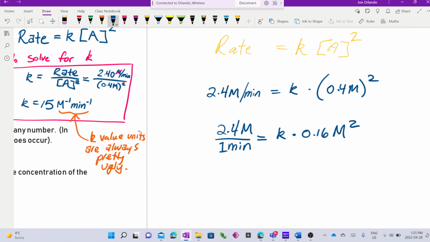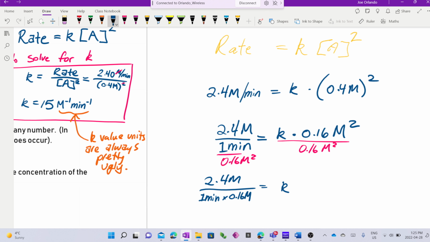Okay, let's solve for K. I squared both things. 0.4 squared is 0.16. Molar squared is molar squared. Now, when I go to solve this for K, I'm going to divide this by 0.16 molar squared, but then I have to do the same here, which would give me K being equal to 2.4 molar over 1 minute times 0.16 molar squared.